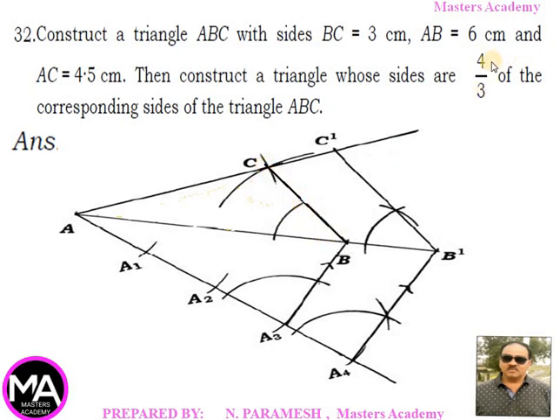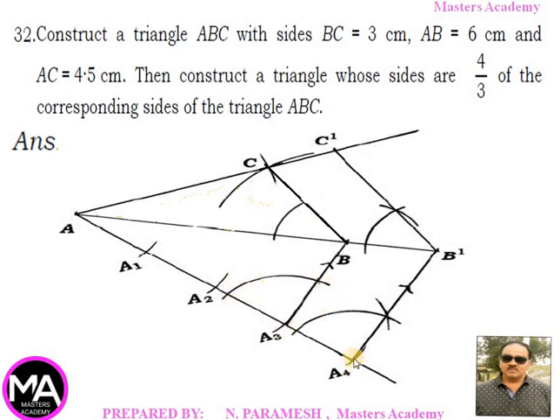In the question they have given 4 by 3, the numerator is greater. Therefore, at point A, draw a ray of any acute angle, cut into 4 equal parts, that is A1, A2, A3, A4. Join A3 to point B. At point A3, draw an arc.